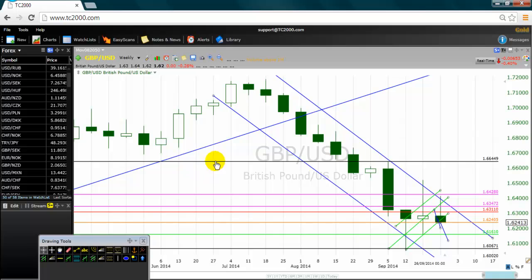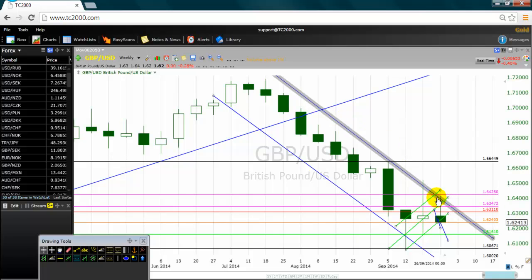Going to the weekly chart, ladies and gentlemen. Last week, as I was recording the video we called how to trade Forex under pressure, we saw a bullish candlestick pattern. You see this doji here, followed by this candle here. This is a bullish candlestick bar. But as you can see, the pound-dollar currency pair went up fast during the beginning of the week to retest the edge of this blue channel.